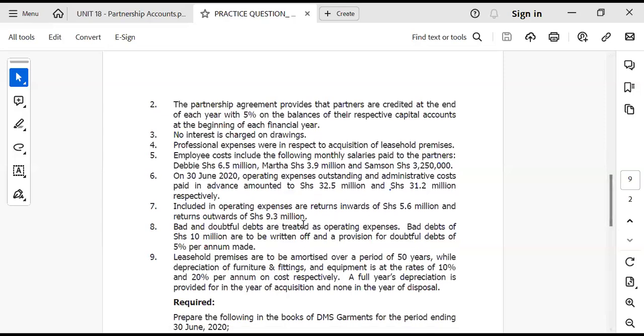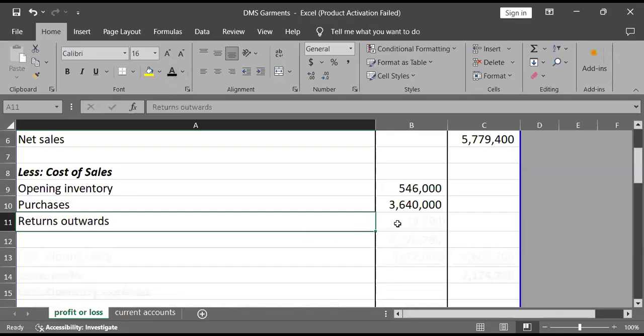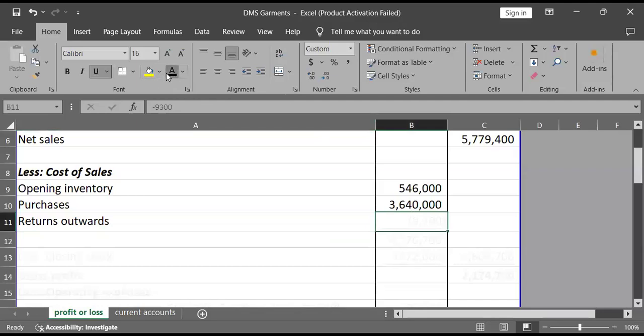They're telling us that the returns outwards are 9.3 million. So we bought stock and we returned some stock back, worth 9.3 million. When we add that up, we should have our total purchases figure to be 4.1.